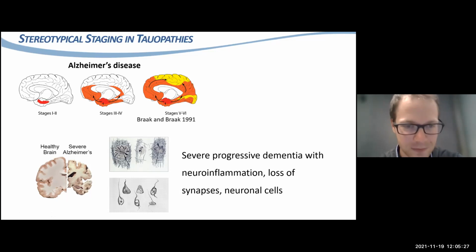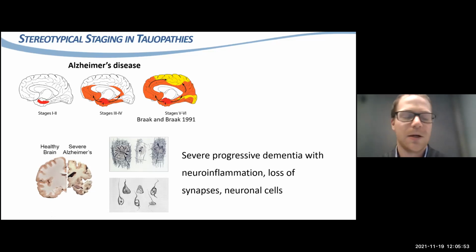These neurofibrillary tangles in Alzheimer's disease, very interestingly, progress over years in the brain. It was shown by Braak and Braak in 1991 and followed by others that they deposit in a very stereotypical way. What I mean by that is that it always starts in the same place.